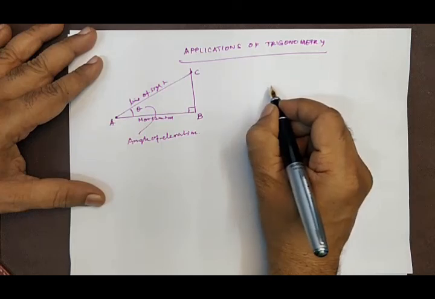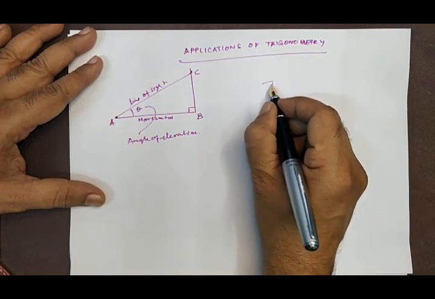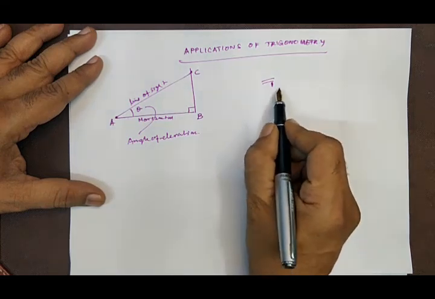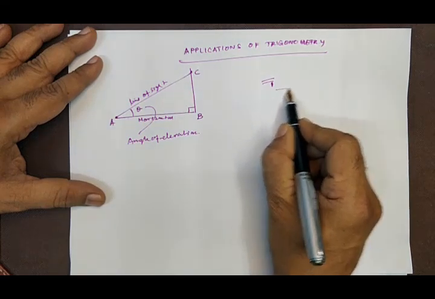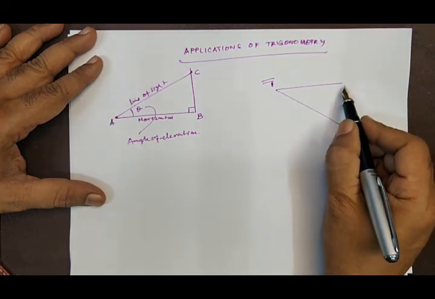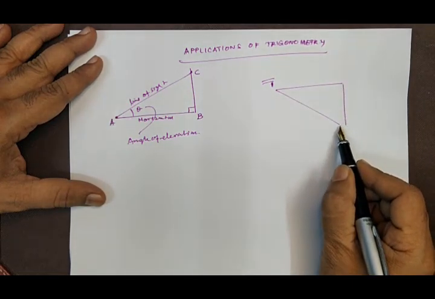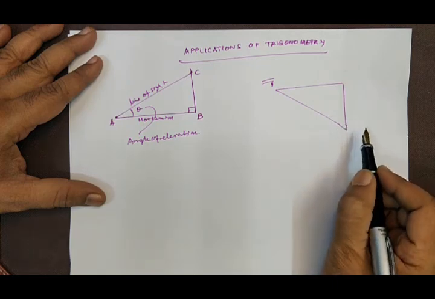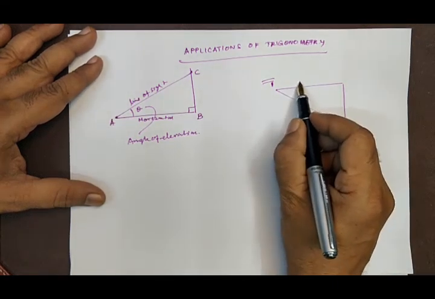Similarly, you can look at an object from the top, and probably this is the horizontal. You can look at the bottom of the lamp post, which is mounted on earth. Now this is the horizontal.